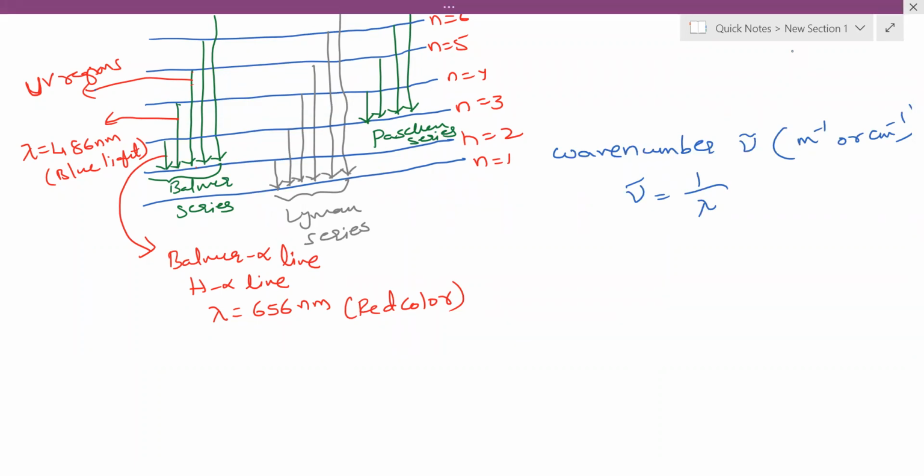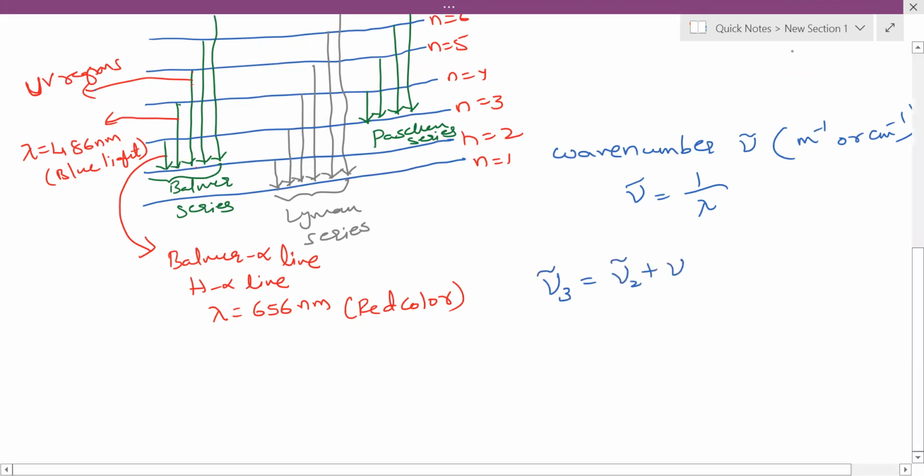We can establish the relation between different transitions using a formula like so. Here wave number is a quantity of an emitted photon. So we are considering three photons, for example.